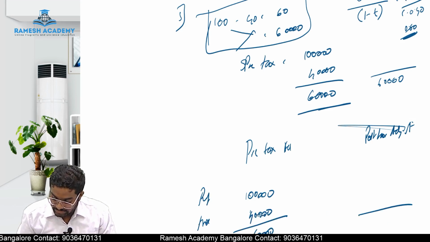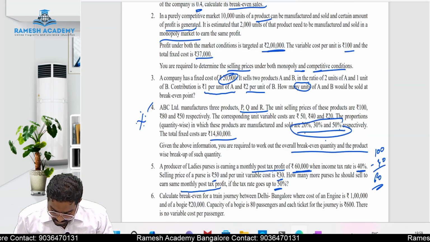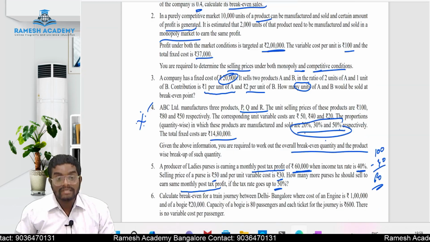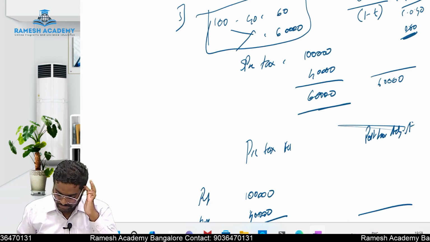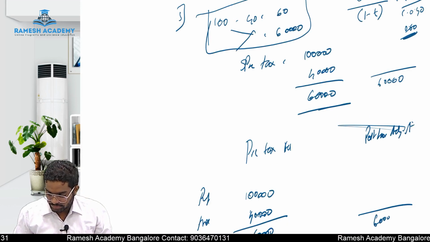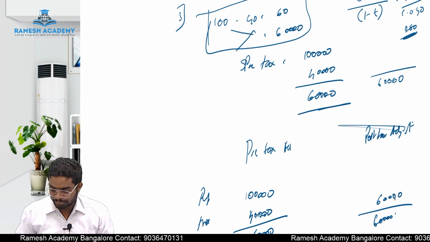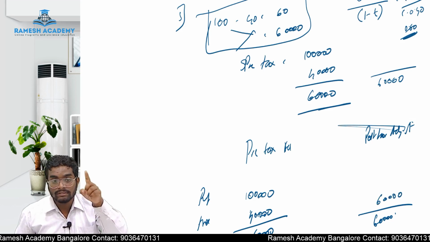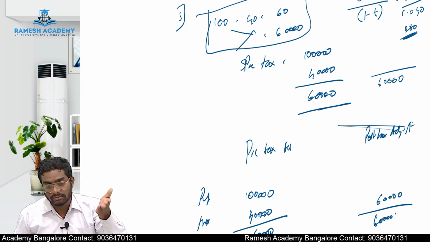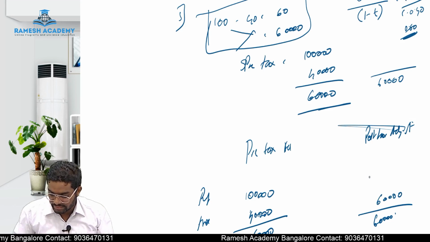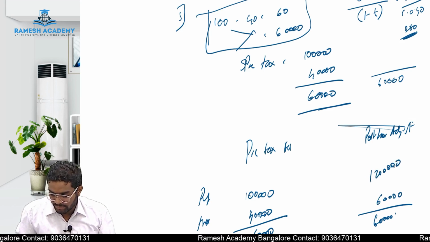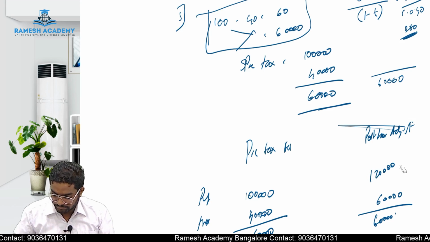Now they are telling that they should earn the same level of profit, but the tax is 50%. Just reverse calculation. So 60,000 is profit means 60,000 will be tax, because the tax is 50%. So 50, 50, 100. So my pre-tax profit would be 1,20,000.